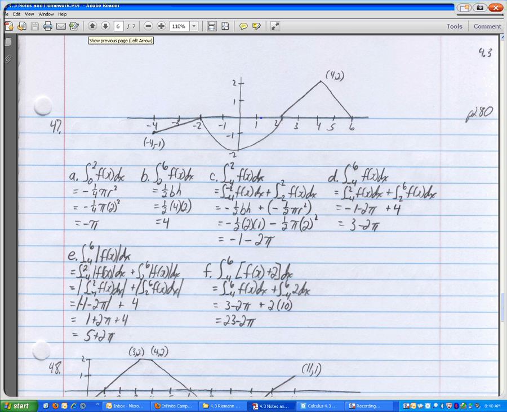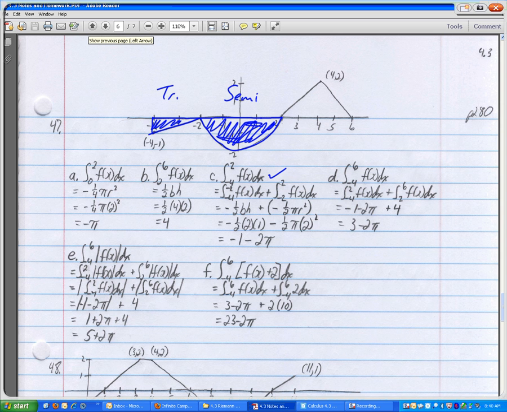Then they want the integral from -4 to 2. From -4 all the way over here to 2. So that would be all that. All right, now, so the integral from -4 to 2 of f of x dx. Let's use our properties. And can't we think of this as a triangle and a semicircle?